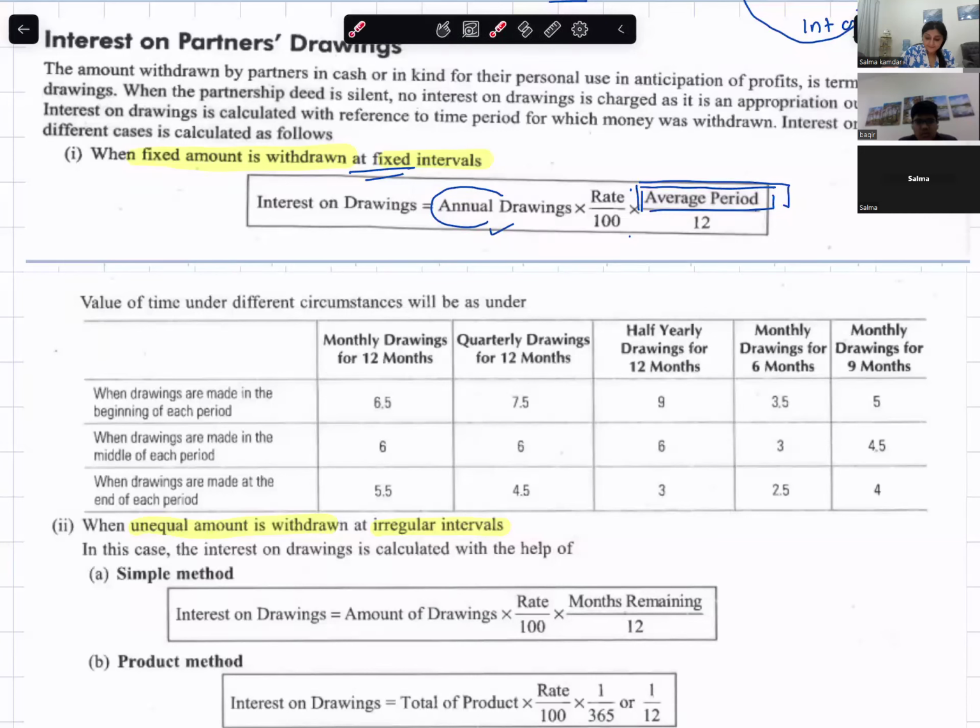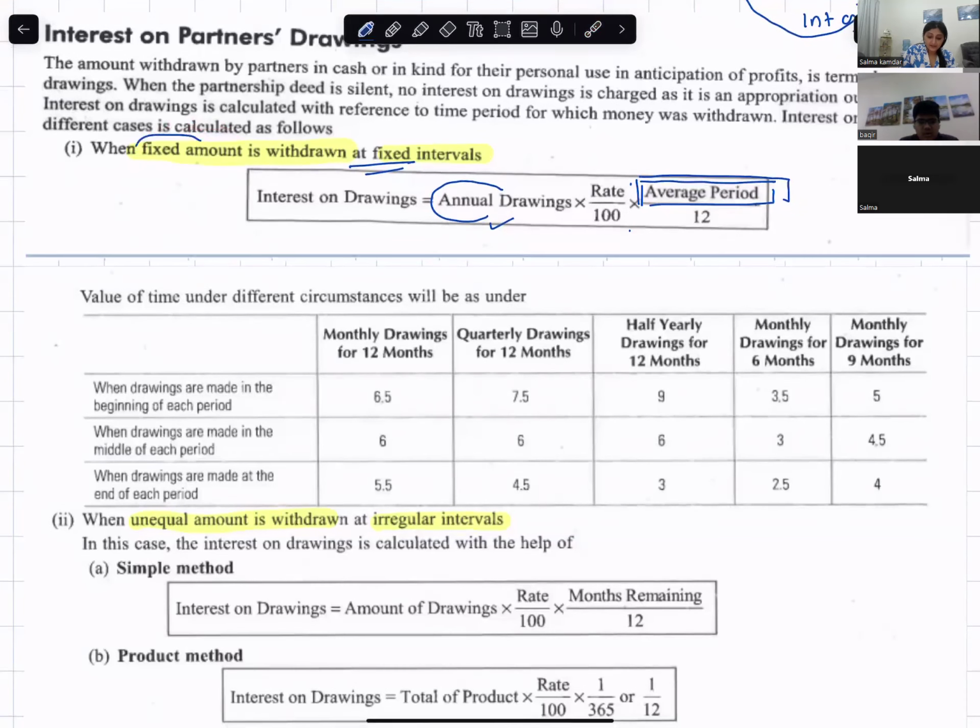Are you with me? Yes, ma'am. So when we are talking about fixed amount and fixed interval, you need to memorize this table.